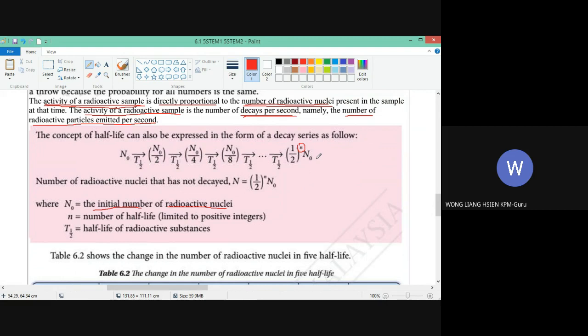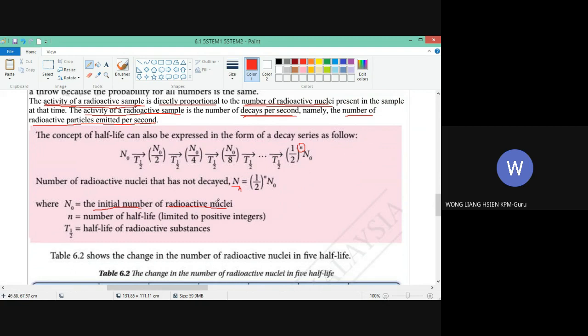So the number of radioactive nuclei that has not decayed is equal to (1/2)^n times N0. This is the number of radioactive nuclei that has not decayed after n half-lives.